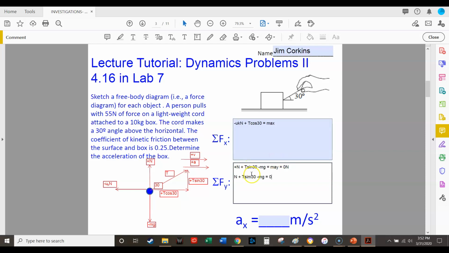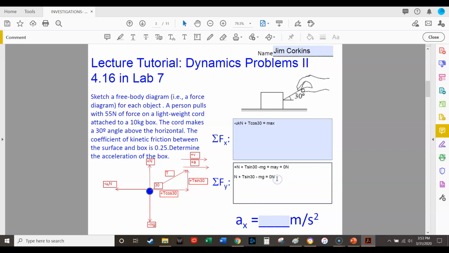Okay? And now we have to solve this for the normal force, because eventually we're going to put that in here. So I need to bring t sine of 30 degrees onto the other side, and I need to bring mg onto the other side. So I'm going to subtract t sine of 30 degrees from both sides.